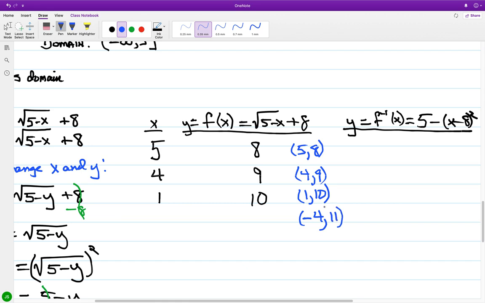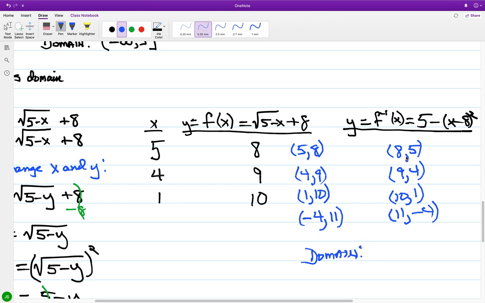And now for the ordered pairs of the inverse, I would have 8, 5, 9, 4, 10, 1, 11, -4. And so for the domain of the inverse, you'll be looking at the set of values of x greater than or equal to 8, so going from 8 inclusive on out to infinity.